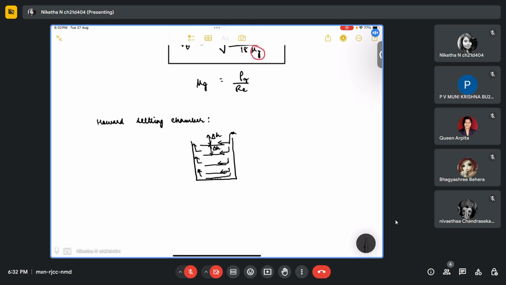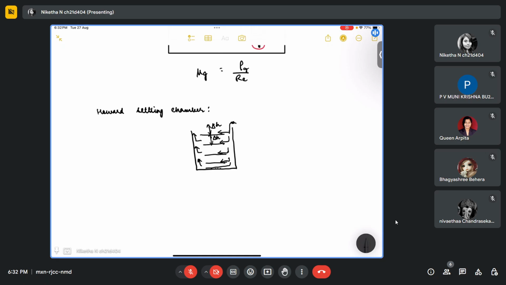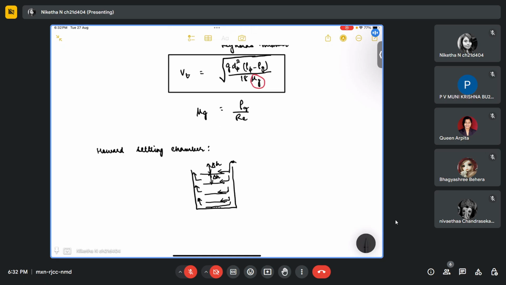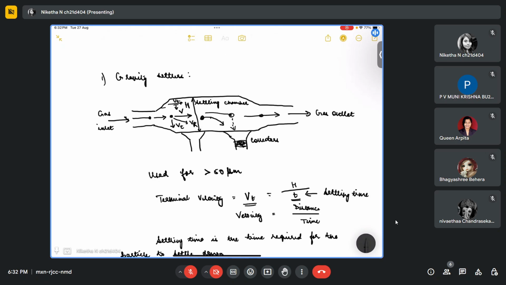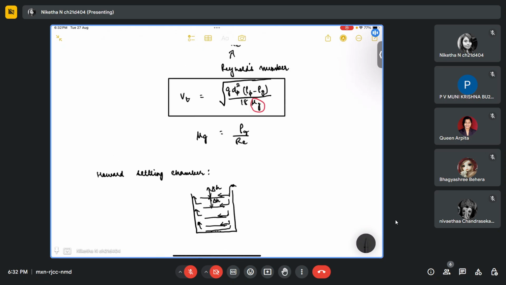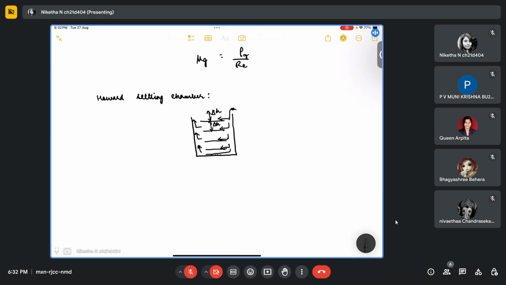So in terms of efficiency, this Howard chamber has a slightly better efficiency when compared to the gravity settlers. That's because the height is reduced. Lighter particles generally don't have much weight, and they won't travel for a long distance, so they can be collected at the first or the second plate itself. Whereas the heavier particles, which have a bigger particle size, can travel the entire distance and settle at the bottom.